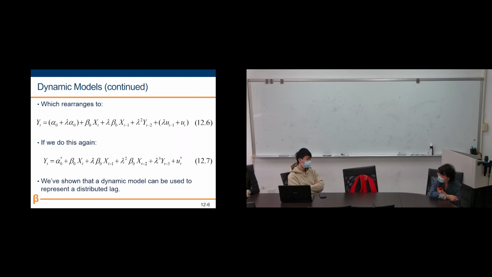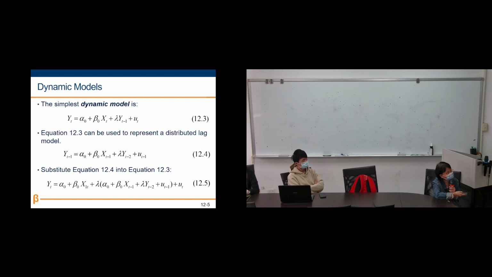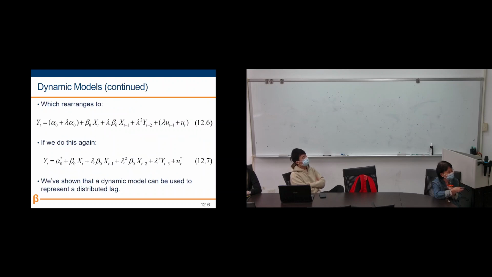Do you see the difference between 12.3 and 12.7? For 12.3, it is the current xt with the previous t minus 1, and 12.7 is the one with current t, t minus 1, and t minus 2.